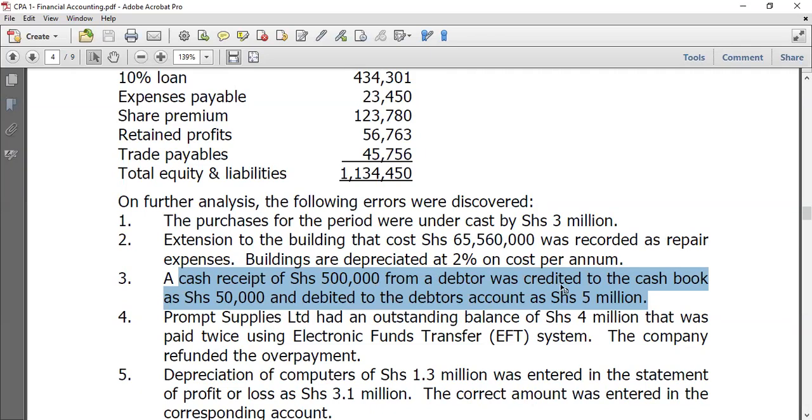But you see what these guys did? They credited it to the cash book. Was it supposed to be credited to the cash book? No. This same cash receipt from a debtor, for us to complete the double entry after we have debited our cash book, should be credited to our debtor's account. But you see what these guys did? They debited the debtor's account with 5 million.